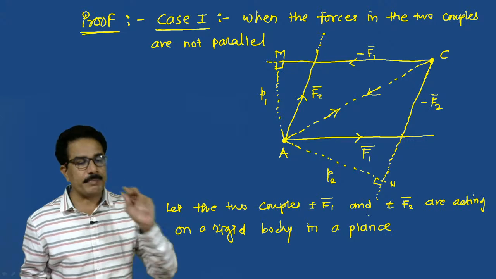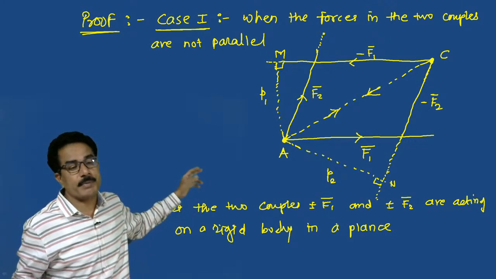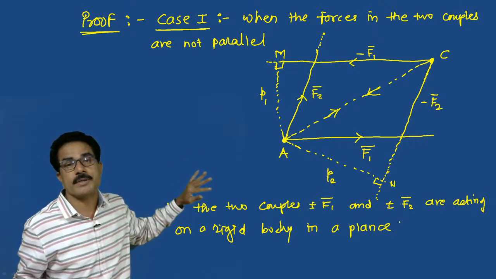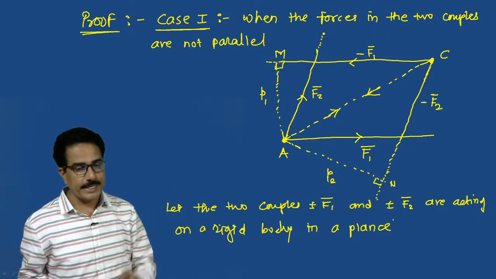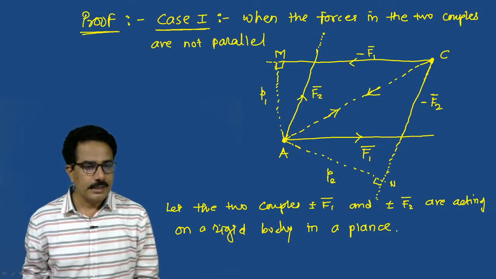The forces of the first couple and second couple, plus and minus F1 bar, plus and minus F2 bar, are acting on a rigid body in a plane. See this.